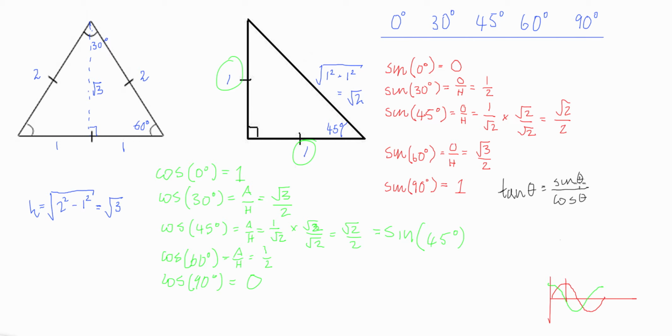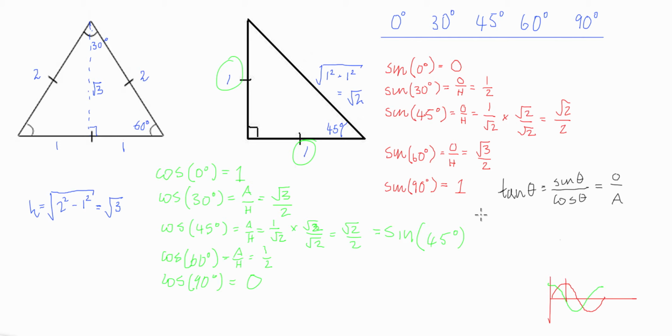And that's because sine is opposite over hypotenuse, cosine is adjacent over hypotenuse, so if you divide them, the hypotenuses cancel and you get opposite over adjacent. So that's pretty cool. Once you've figured out the exact values of the sines and cosines for all of these angles, you can then divide one by the other to get the tangent.